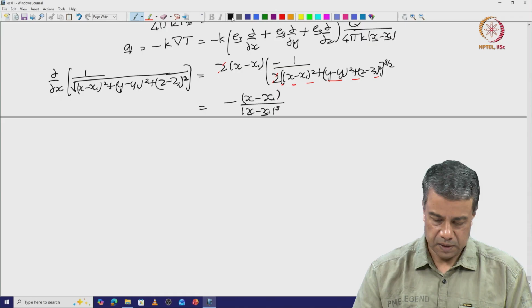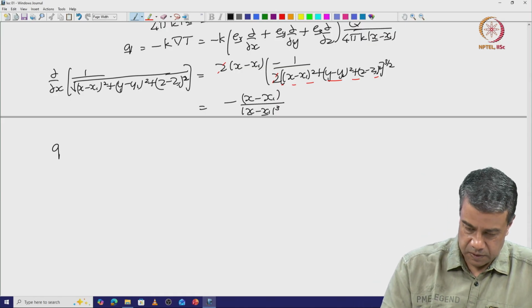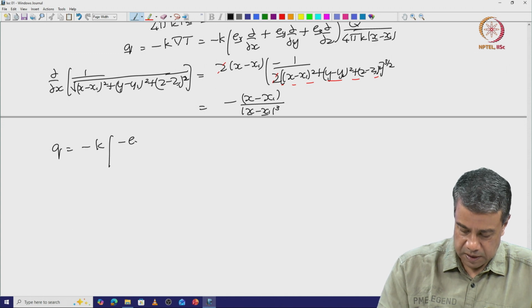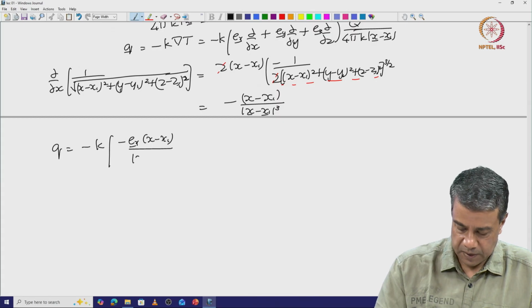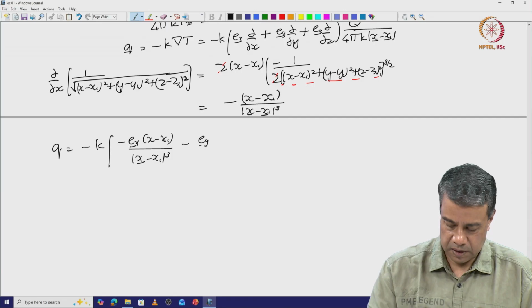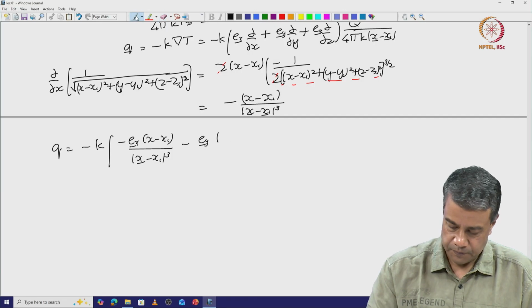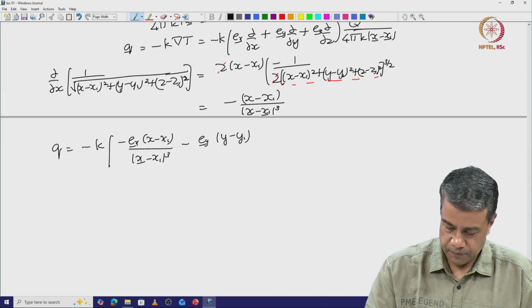So, based upon this, the heat flux q is equal to minus K into minus Ex into x minus x1 by modulus x minus x1 the whole cubed, minus Ey into y minus y1, and so on.